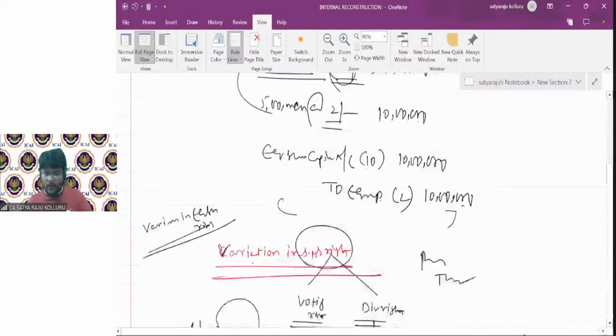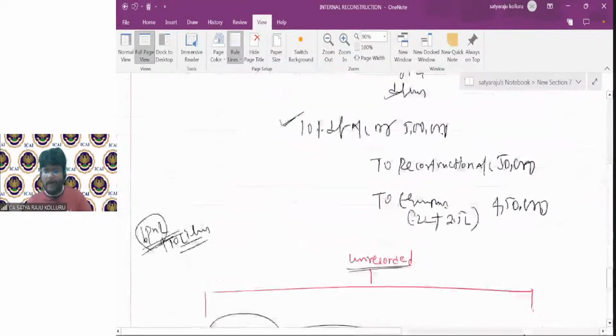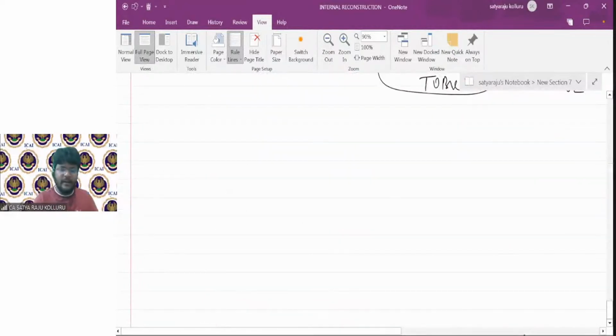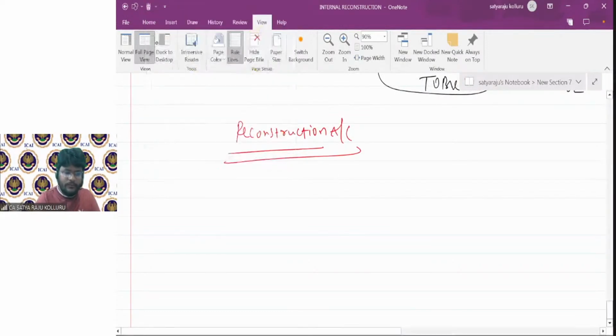Fine. Now, sir, after completion of this entire internal reconstruction, what do I need to check? You need to find out the balance in the reconstruction account. Now, the balance in the reconstruction account generally is a credit balance that represents the profit.